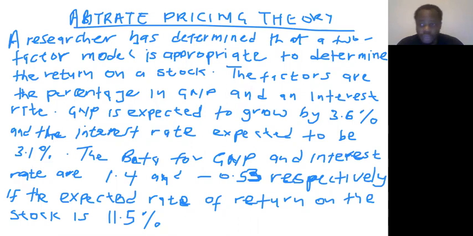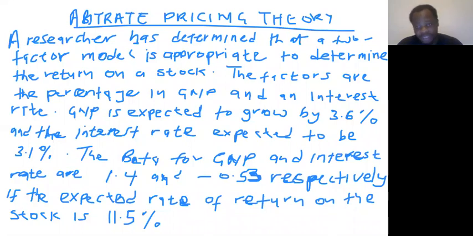Great. So I'm going to read a question, and it goes like, a researcher has determined that a two-factor model is appropriate to determine the return on a stock. The factors are a percentage in GNP and an interest rate. GNP is expected to grow by 3.6%, and the interest rate is expected to be 3.1%.